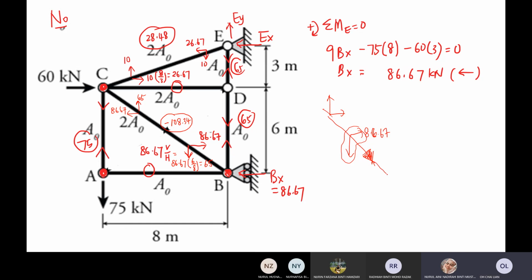Then you boleh tahu arrow ini ke arah joint ataupun keluar daripada joint. Untuk yang ni ke arah B, jadi resultant ni adalah compression. Boleh faham? Boleh. Saya tengok tengah-tengah. Okay, thank you madam.